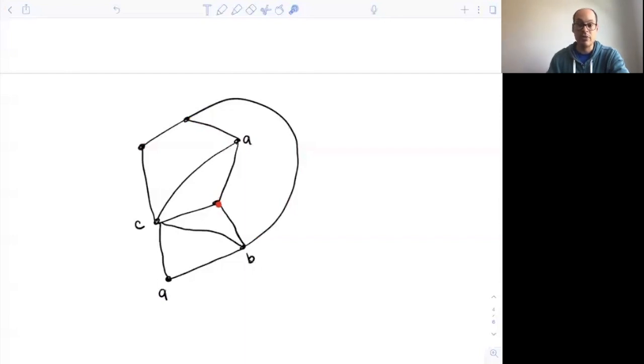We are forced already to use a new color. We have to use color D. And so we immediately have failed with this algorithm to find a 3 coloring, even though we knew that one exists. Now I can finish this off. I'll make this a C, the next available color there, and I can make this an A. We got a 4 coloring, but we didn't do as well as we could have.